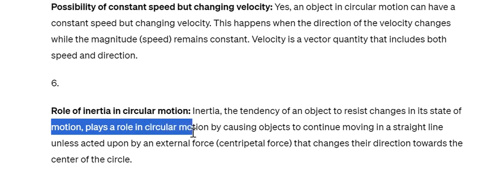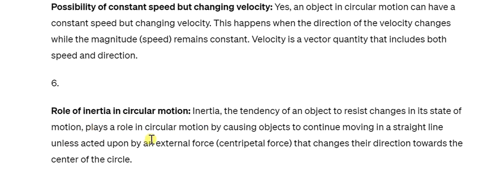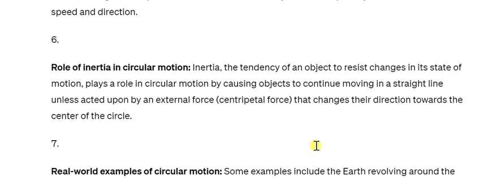Please comment on my video which law it suggests. Inertia plays a role in circular motion by causing an object to continue moving in a straight line unless acted upon by an external force, the centripetal force, that changes its direction towards the center of the circle. So this is the primary role of inertia in circular motion.